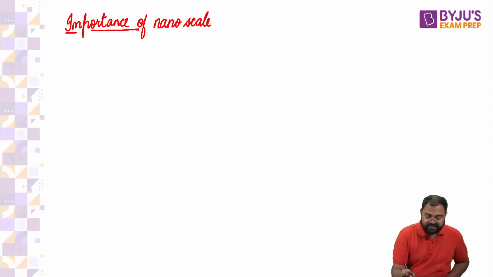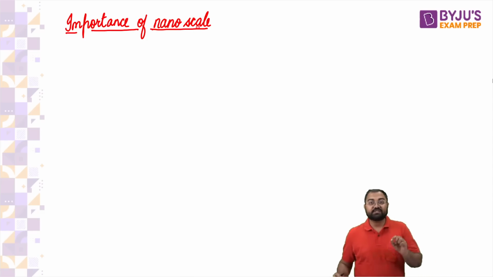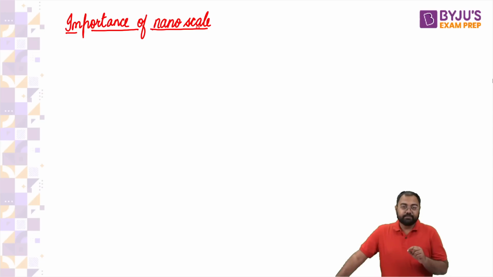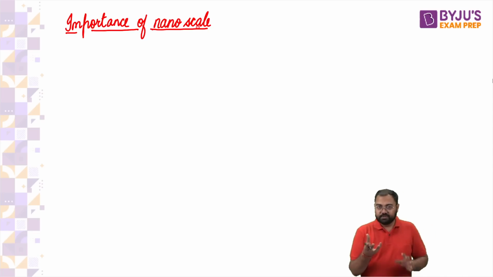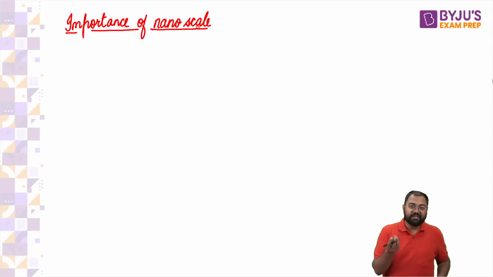This scale is very important because this is where all the atoms start to organize themselves into molecules. You might know this from maybe class 9, 10th chemistry, if you remember at all. If you don't, we have entities called atoms, and we had discussed in nuclear technology that atoms are made of electrons, protons, and neutrons, right?